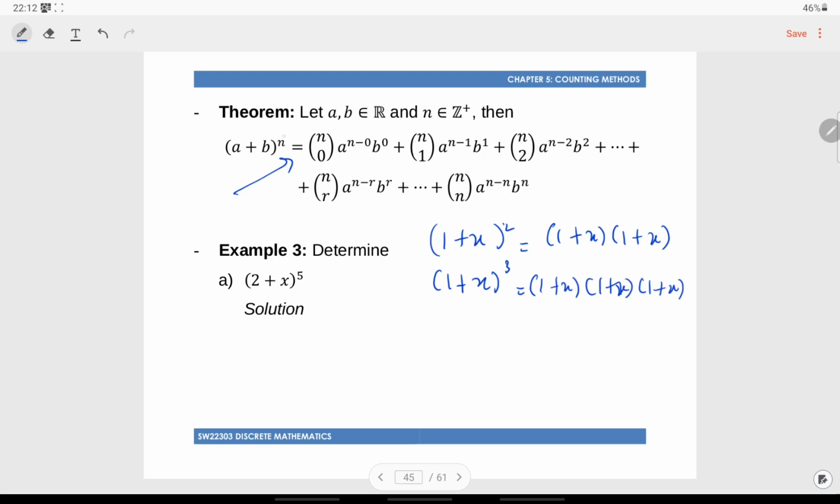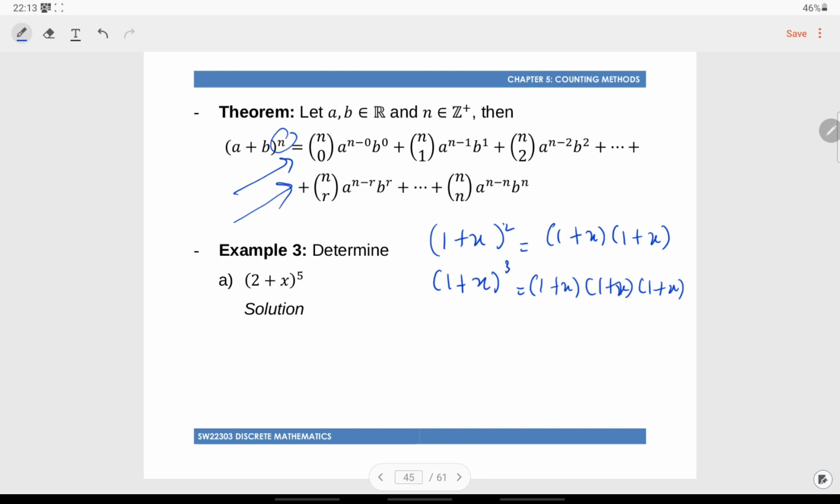But when the power gets higher and higher, it's quite difficult for us to do the expansion. So luckily we have this equation. We can use the binomial theorem to accomplish this task by using this formula. Alright, so this is the formula.